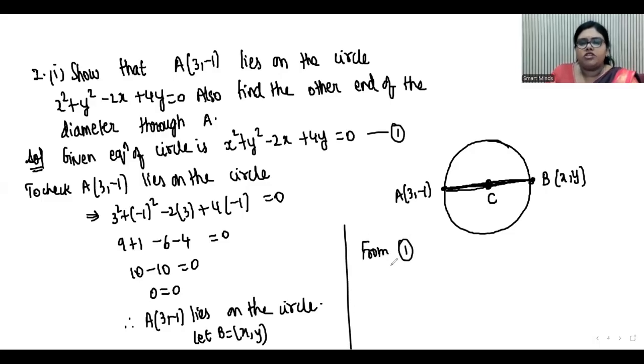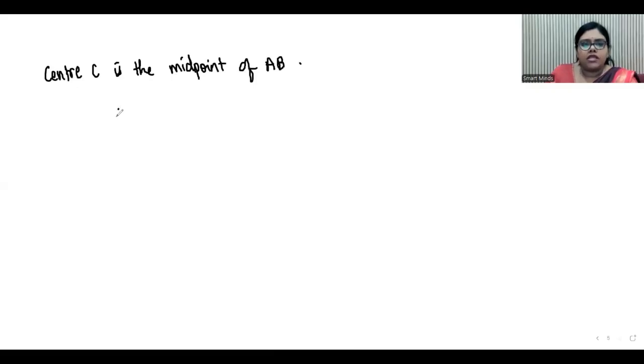Now from equation number 1, what are g, f, c? g is −1. See, g you always take half of the coefficient of x. And f you always take half of the coefficient of y, that is 2. There is no constant in the equation, so c = 0. Now what is the center? Center is (−1, 2).